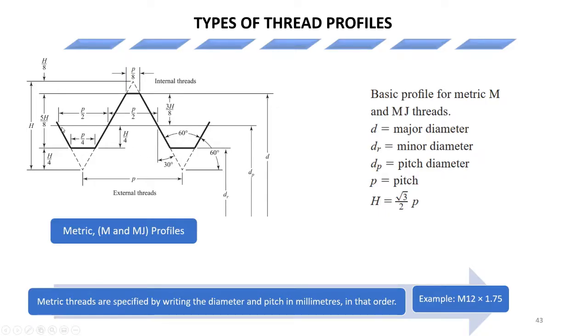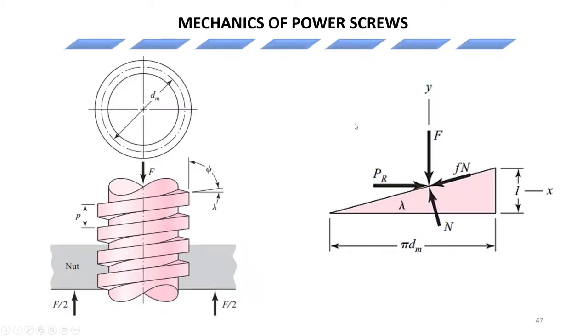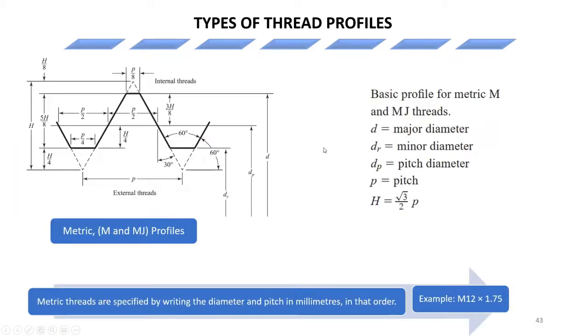And this profile here, we can have it for internal if we are looking at it and saying that this is the crest, and then this is the root of it, and this is where the thread material is.